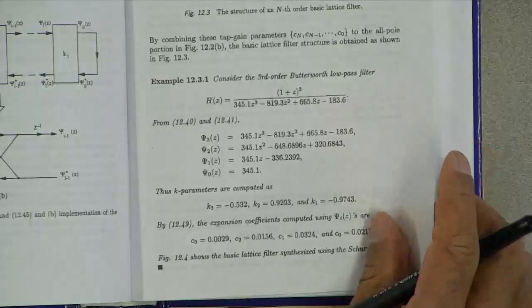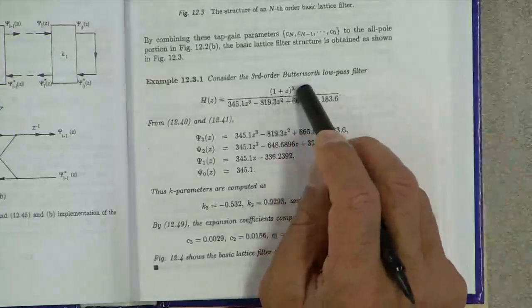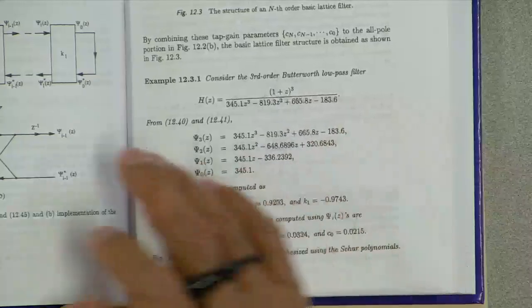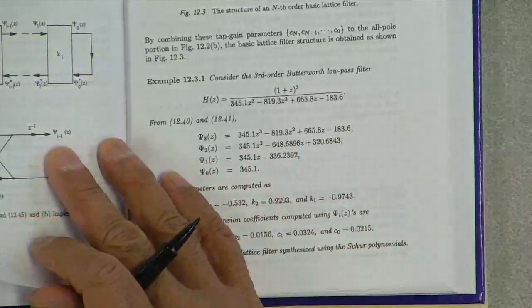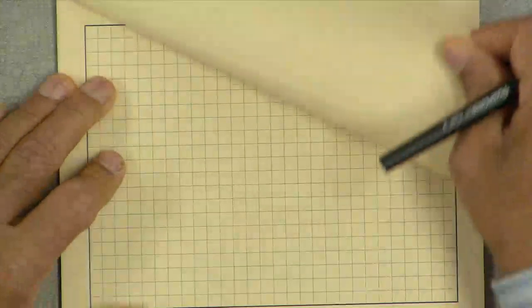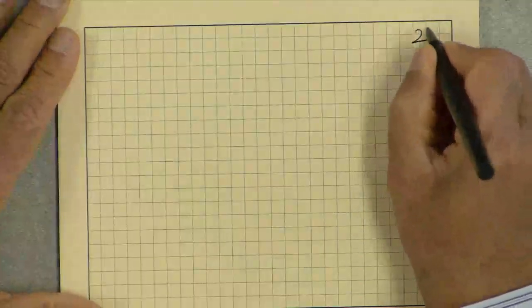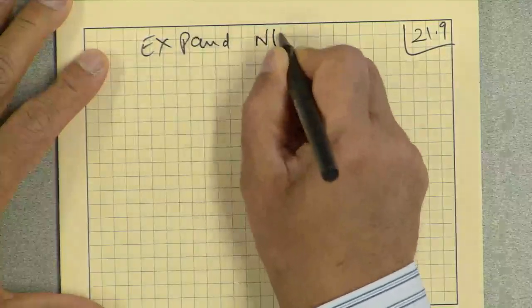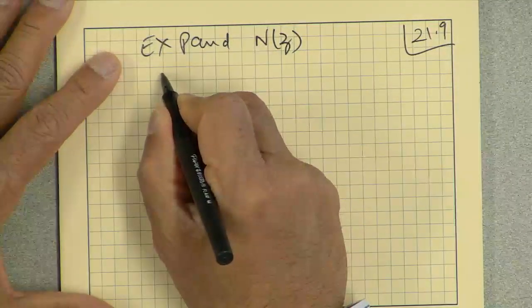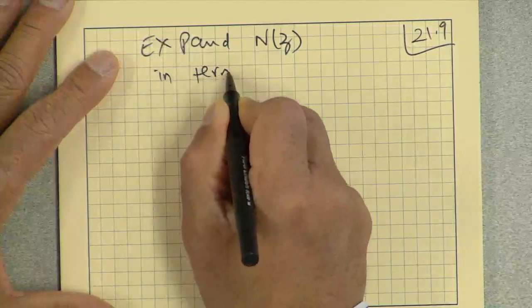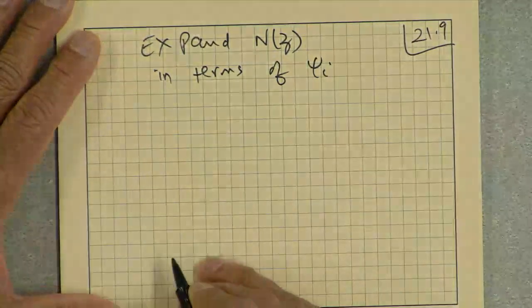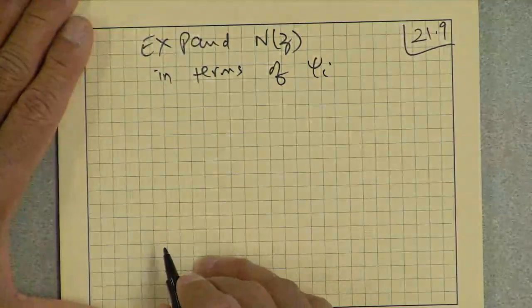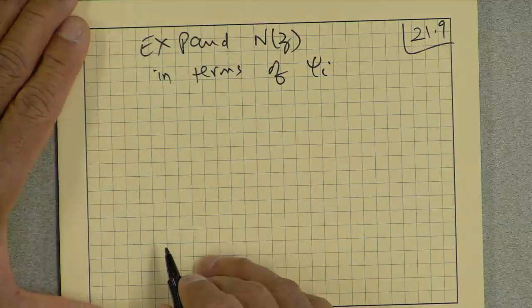But if I want to compute 1 plus z whole cube as the numerator, z cube plus 3z squared plus 3z plus 1, so to expand that, okay, we want to expand the numerator polynomial in terms of psi 3, psi 2, psi 1, psi 0 in this example.